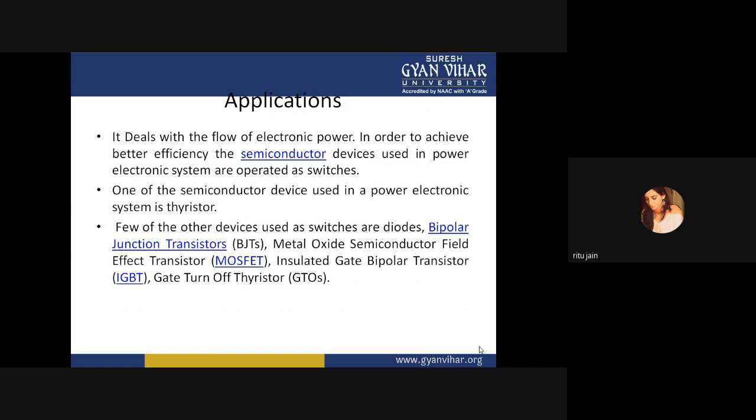One of the semiconductor devices used in a power electronic system is the thyristor. Other semiconductor devices, which we have already studied in detail, are the BJT (bipolar junction transistor), MOSFET, IGBT, and gate turn-off thyristor. These are the different semiconductor components that can also be used to make the electrical system more efficient and good.